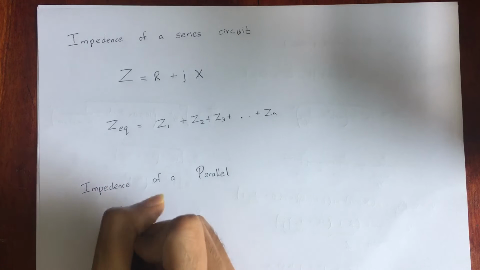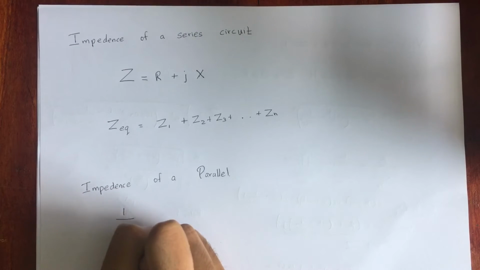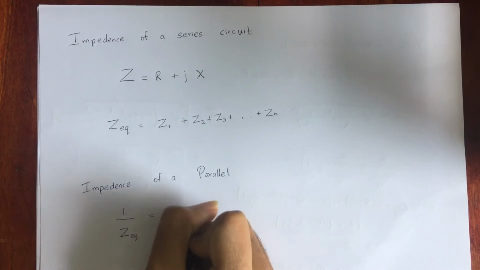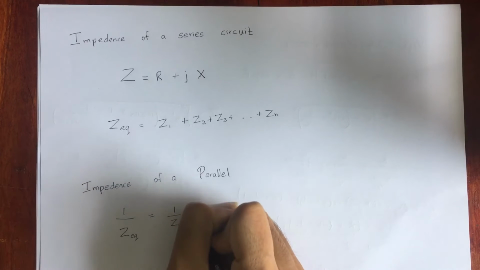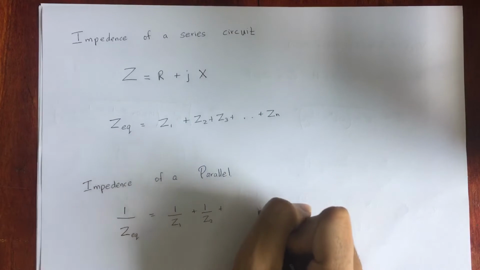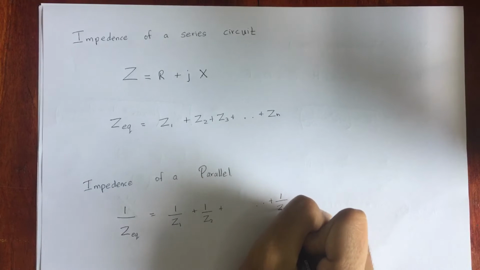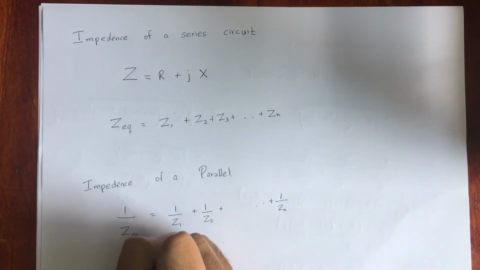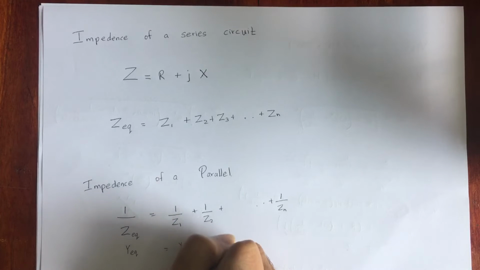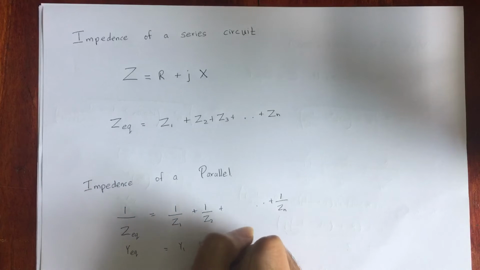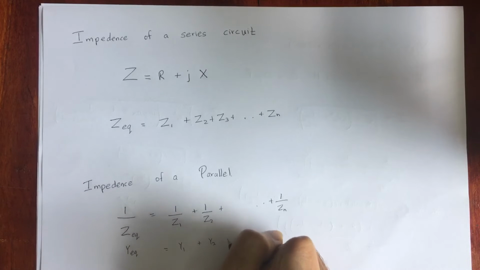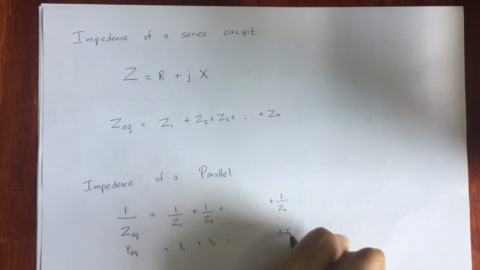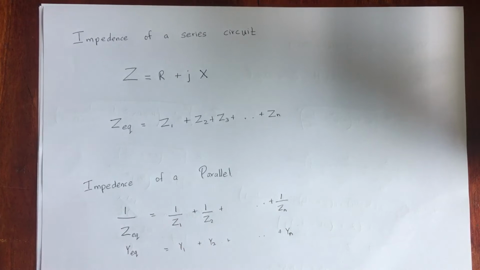Likewise, here 1 over Z equivalent equals 1 over Z1 plus 1 over Z2 up to 1 over Zn. We already knew this 1 over Z is known as admittance. So in the admittance form, Y equivalent equals Y1 plus Y2 up to Yn. So in two forms you can directly tell this.